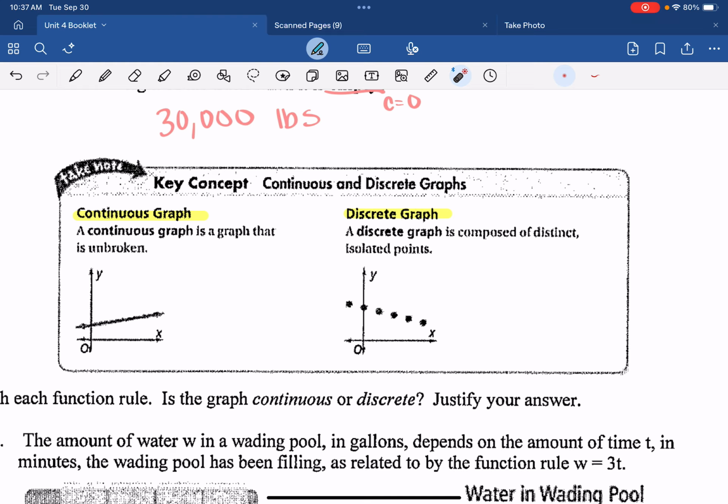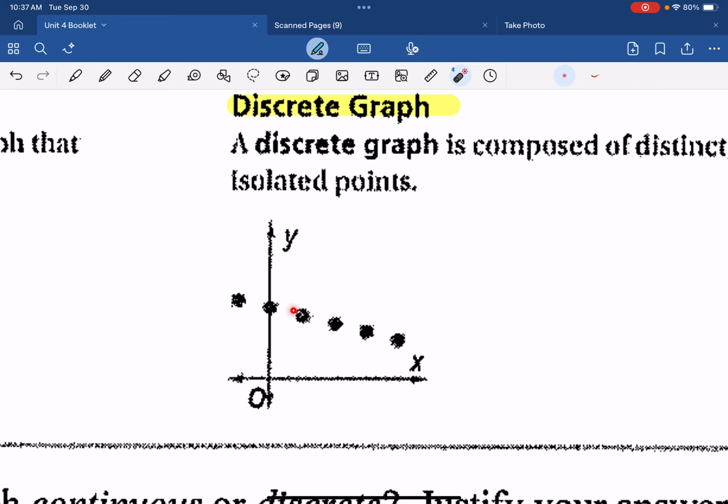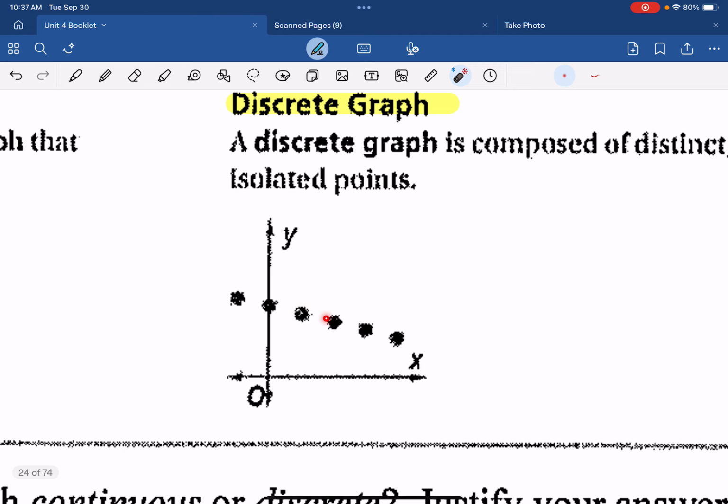No, right? We can only have whole students, right? You can have 100 students go, 99 students go, 98 students go, but you cannot have 98.5 students go. Okay, so here it wouldn't make sense for us to connect any dots, because if we connect those dots, we'd be saying that anything in between them could also be a solution. Okay, but we can't have a decimal student as a solution. So that would be an instance of discrete.